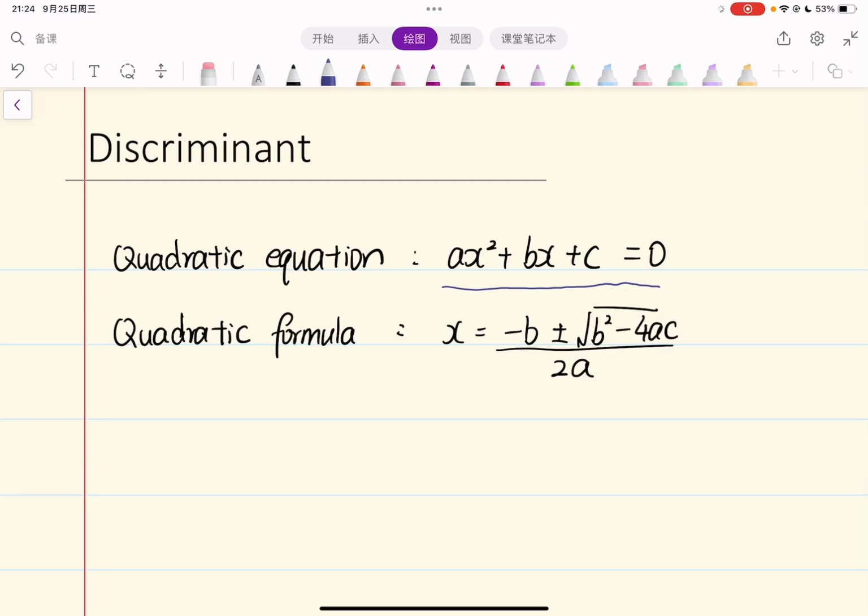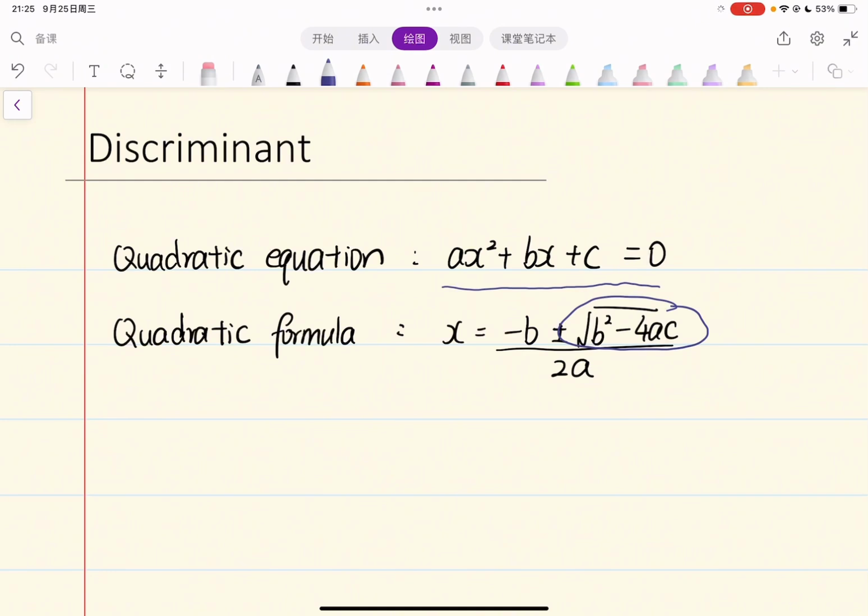Right? I hope you can see there is a special thing in the formula. That is a square root. Have you ever thought about what happens when b squared minus 4ac is less than 0?